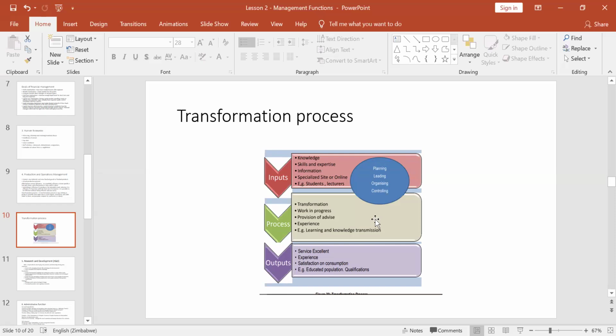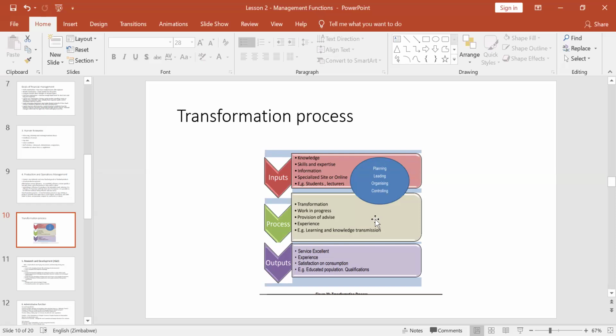The inputs that firm is going to put there are information and the legal process. They are going to do this and that. Maybe they will sue someone. Maybe they will assist you to apply for something. And then the output is the service that you get. At the end of the day, maybe you are successfully divorced, or you've managed to sue someone who wronged you. That is a transformation process.